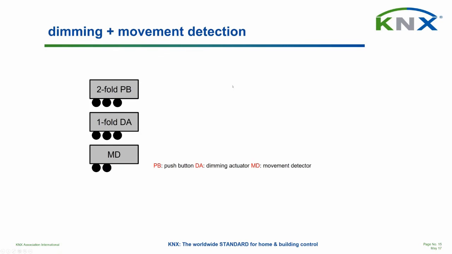Movement detection is also another possibility. Let's have a closer look. What we need is a group address divided over a two-fold push button, for example, a dimming actuator, and yet another device called a movement detector, for switching.